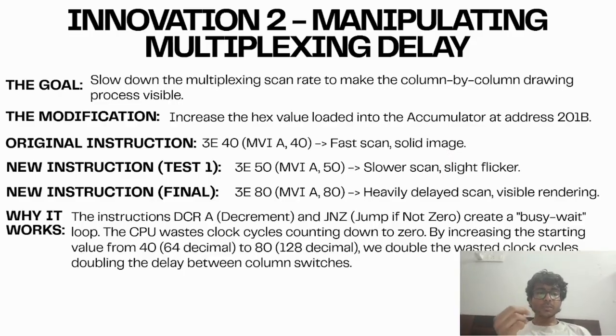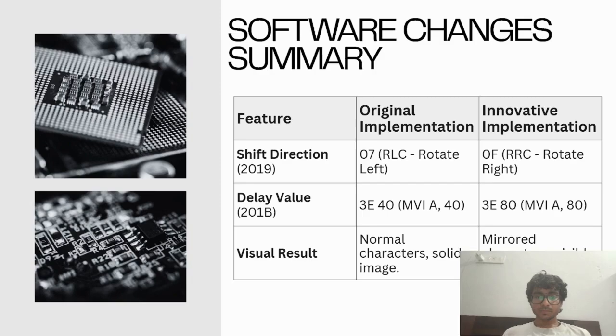In this way, the CPU wastes clock cycles to implement a delay in our LED matrix interface. I increased that delay from 40 to 50 and then to 80, so that we can easily see how the LED matrix changes from one character to another.